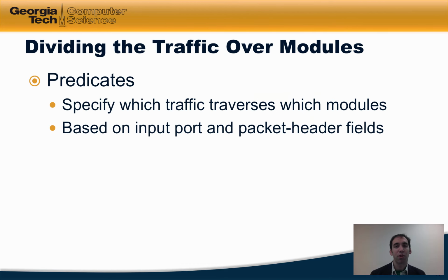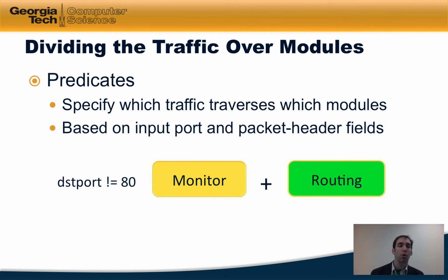Traffic can also be divided over modules. We can use certain predicates to specify which traffic traverses which modules based on both the input port and other fields in the packet header. For example, we can use a predicate to specify that if the destination port is not port 80, then we would like to perform monitoring and routing in parallel.